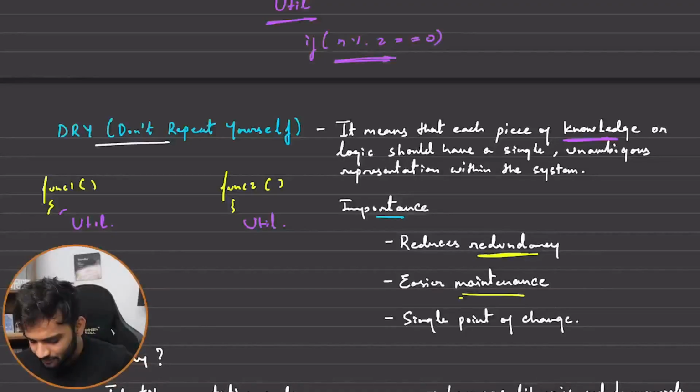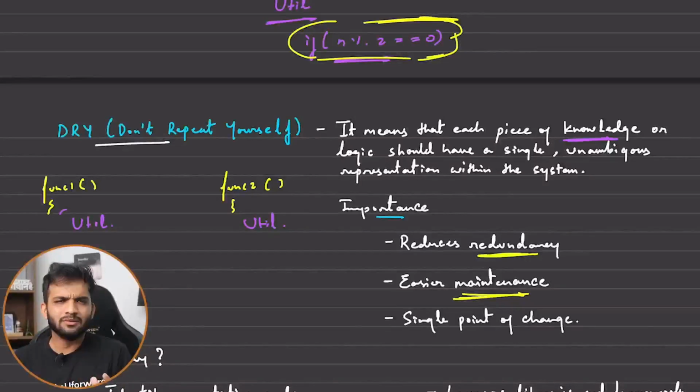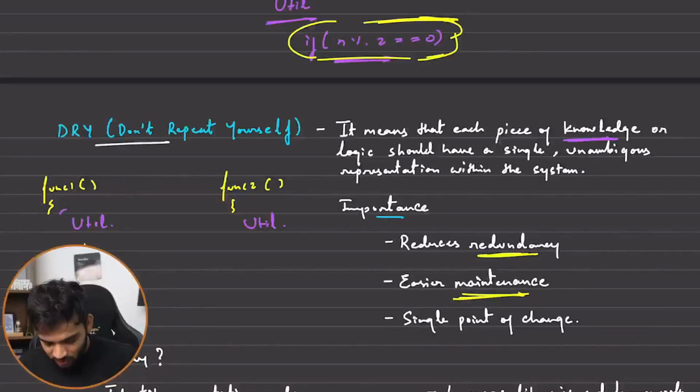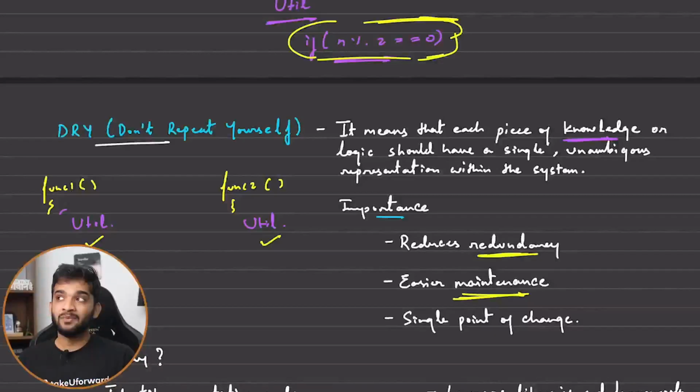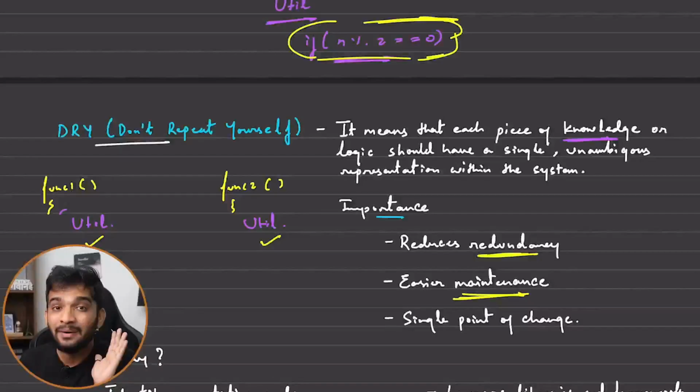Easier maintenance. What do we mean by that? Now imagine this logic is changing. Certain things will change in this particular logic. Now, if I had to do a change in my previous code, I'll have to do a change here, I'll have to do a change here, and I'll have to do a change at every place where this logic was implemented.